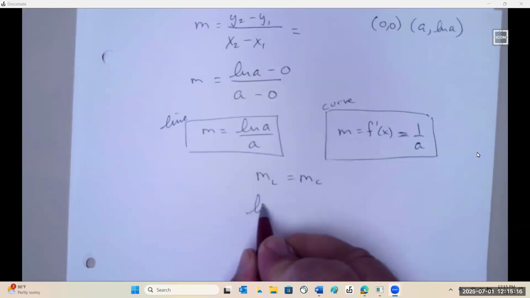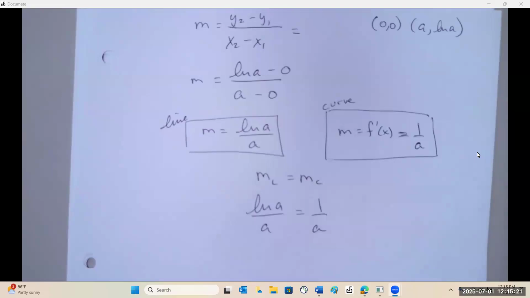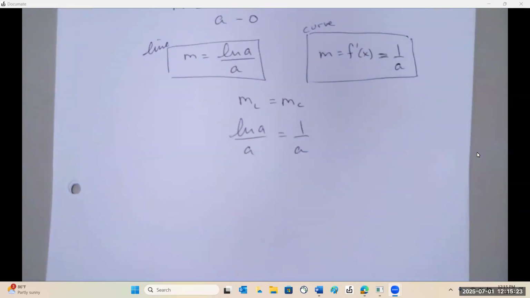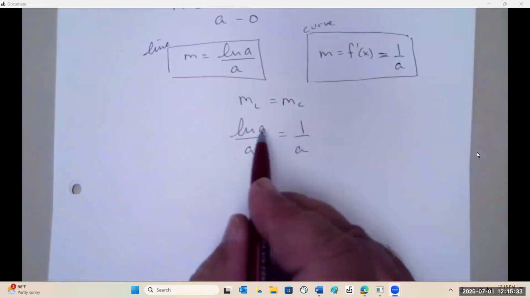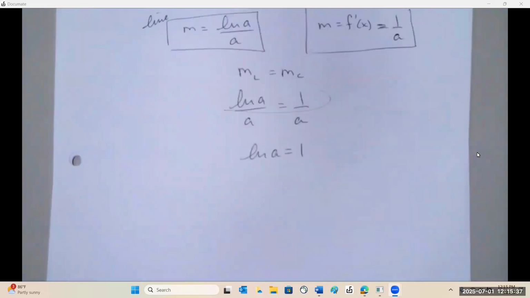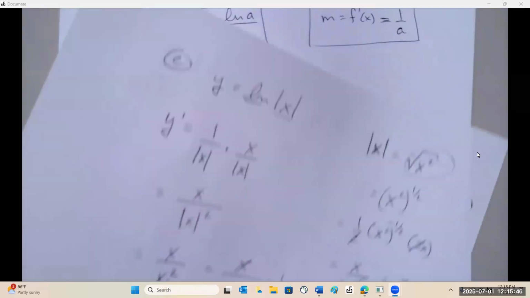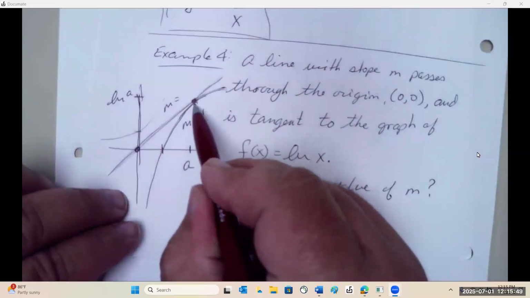So we have ln A over A equals 1 over A. Since we have the same denominator, the numerators have to be equal. Why do we set them equal to each other? Because that's where they intersect. At this point, they have the same slope.